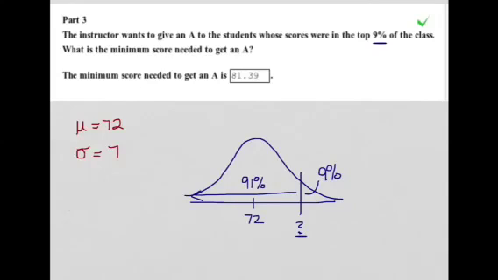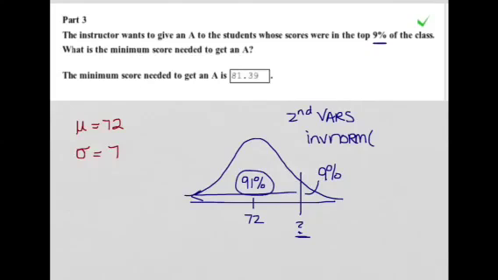So what I'm going to type into the calculator, and I can do this by pressing second and vars, is choose number 3, which is inverse norm. Whenever we have a percentage and we want to find the boundary value from the percentage, we use the inverse norm.